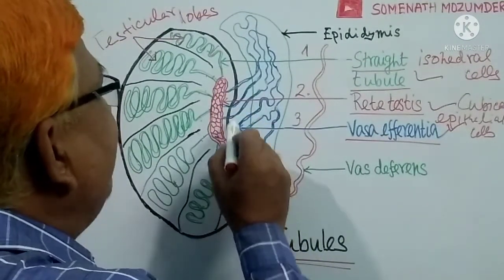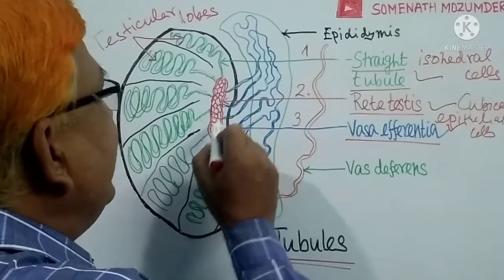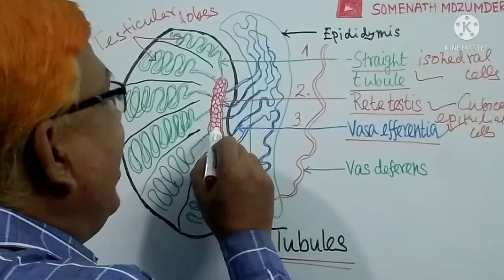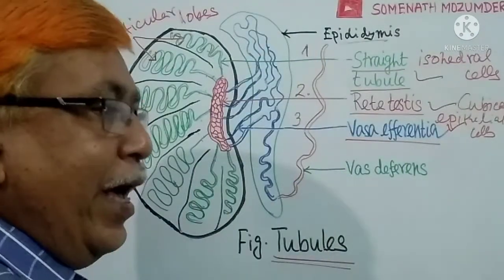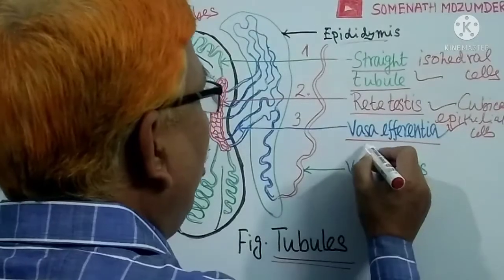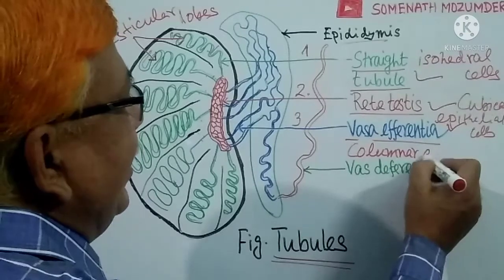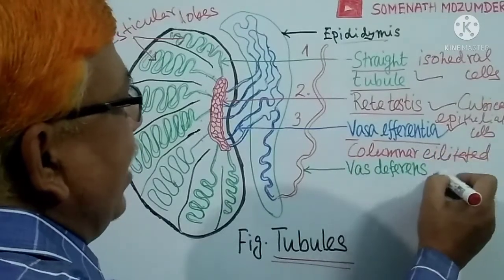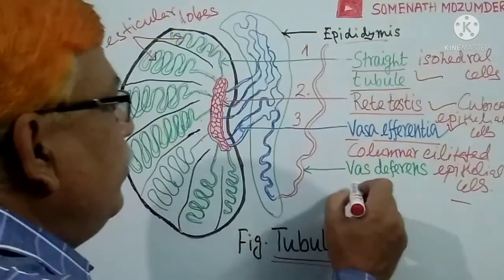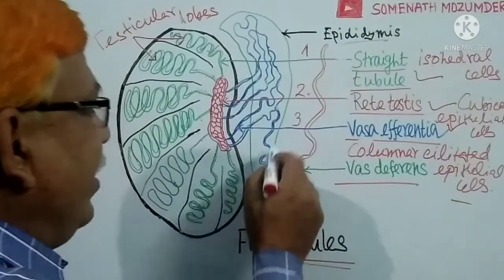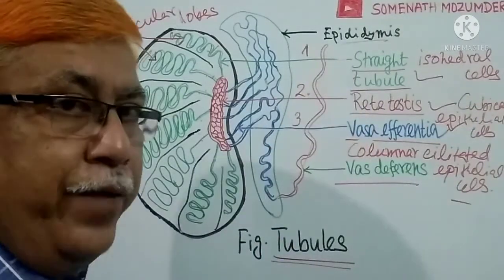So these are vasa efferentia. They originate from rete testis and enter the epididymis. They are made of columnar ciliated epithelial cells. And this is the vas deferens, originating from the epididymis.